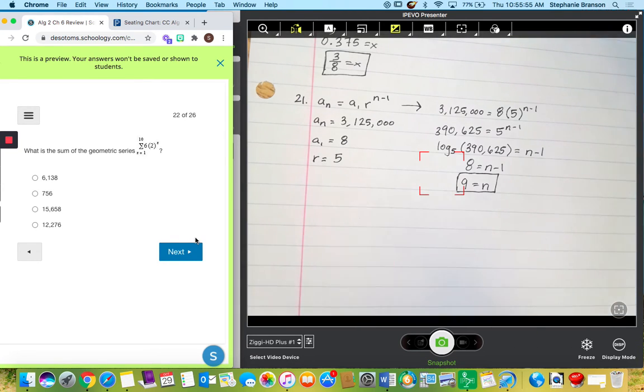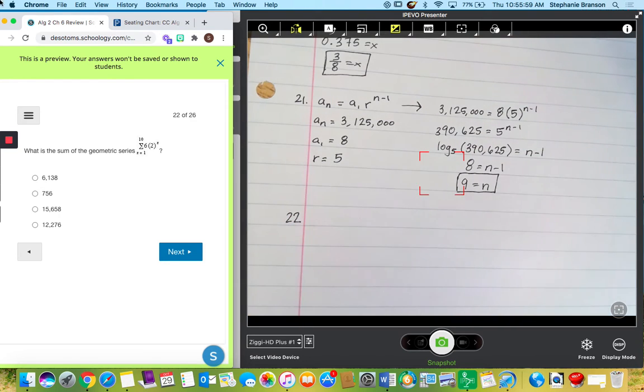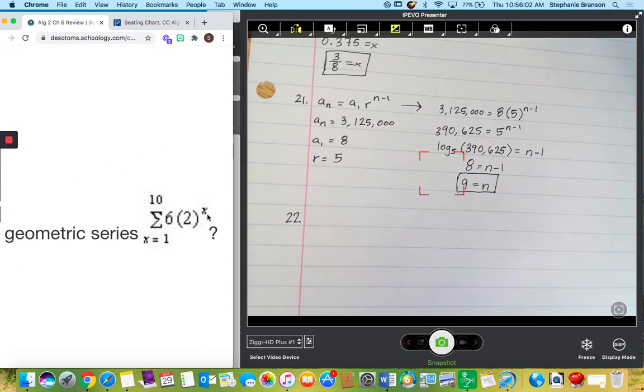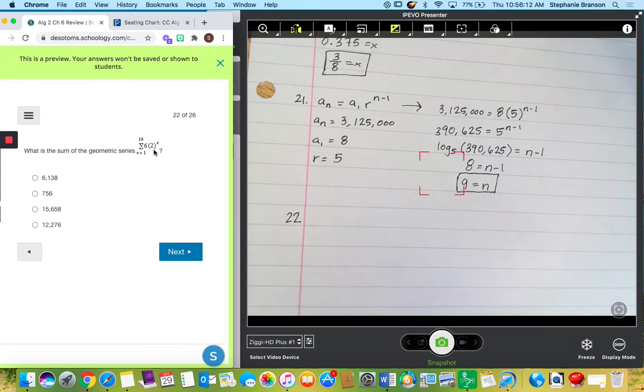Alright, this one kind of threw me for a loop earlier because we've been looking at problems that said n minus 1. So to figure out what our first term is, we're actually going to have to plug it in for x.